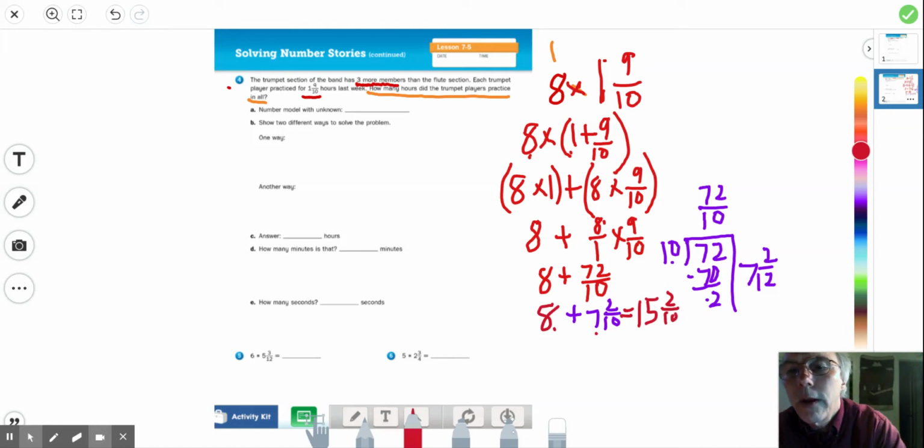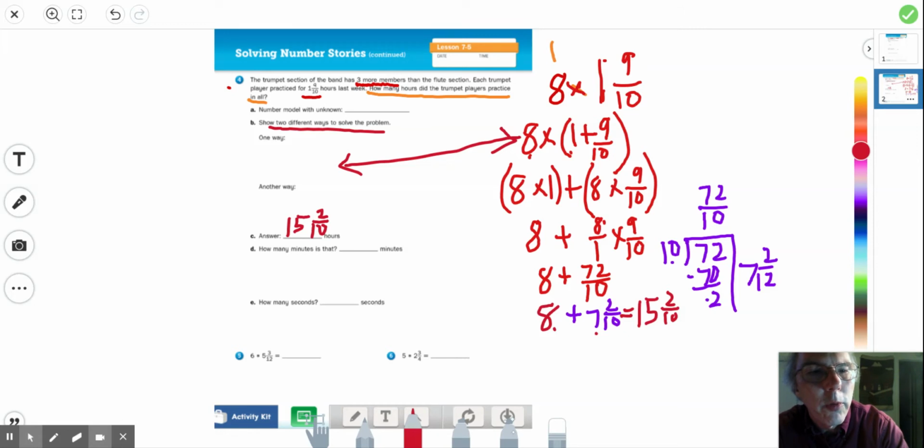So we're going to write that in, 15 and 2 tenths. So my work showed 2 different ways to solve this problem. Well, okay, here's one way right here.